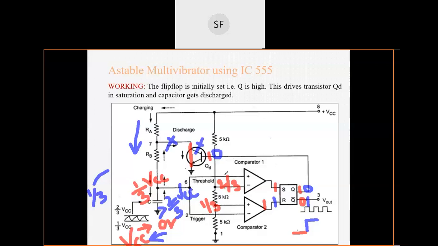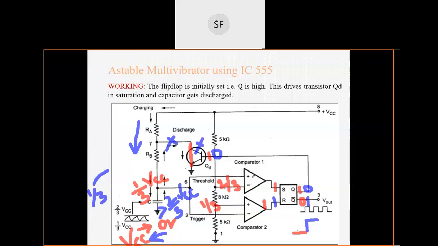This threshold voltage is the non-inverting terminal of comparator 1. The inverting terminal is already fixed at 2/3 VCC, but now the non-inverting terminal is greater than 2/3 VCC, right?